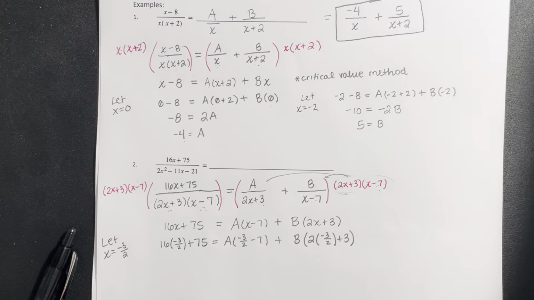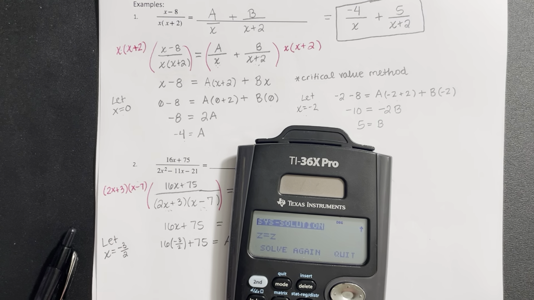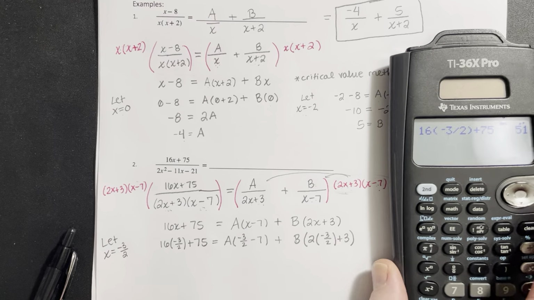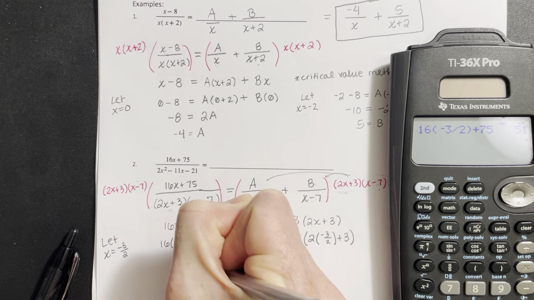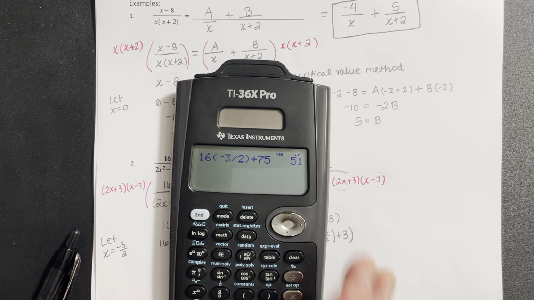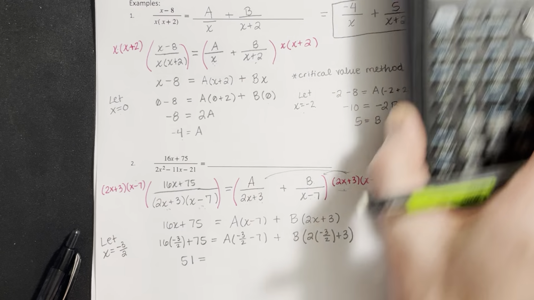When we've multiplied that, let's put that in our calculator. We have 16 times negative 3 over 2 plus 75. That leaves me with 51 on the left side. Negative 3 over 2 minus 7 we can work out is negative 8.5.